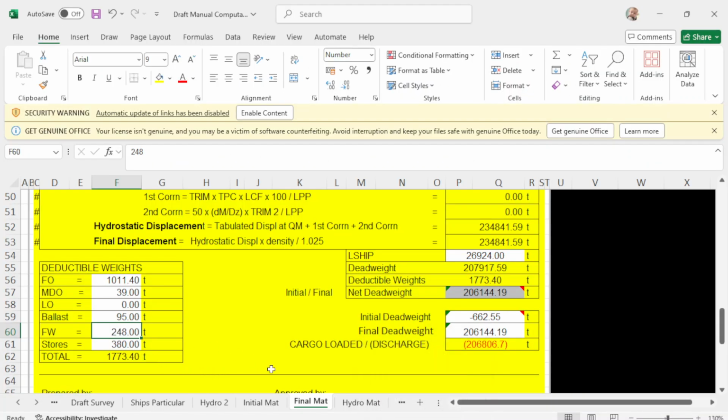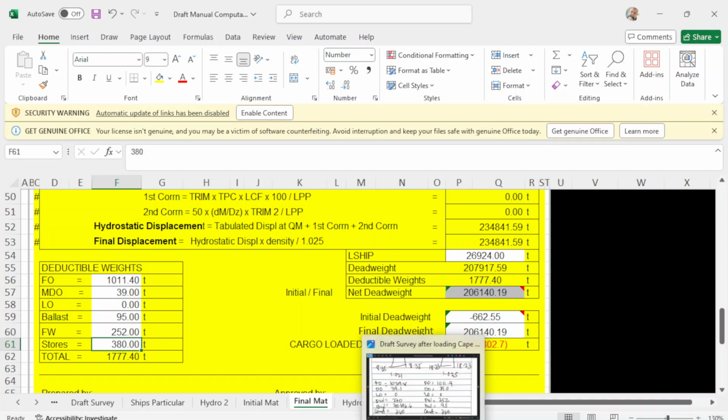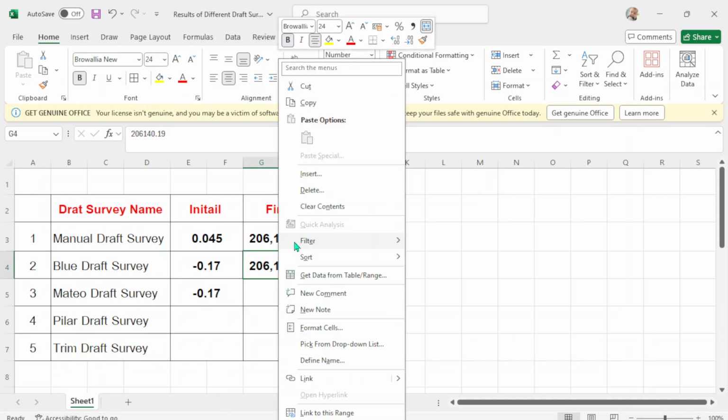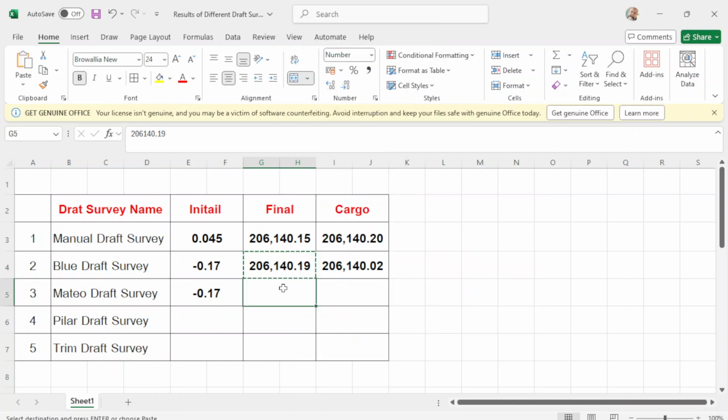Put here 252. And your constant is 380. And your cargo is 20614.19. Put here. This is the one. The same. Copy. Paste.